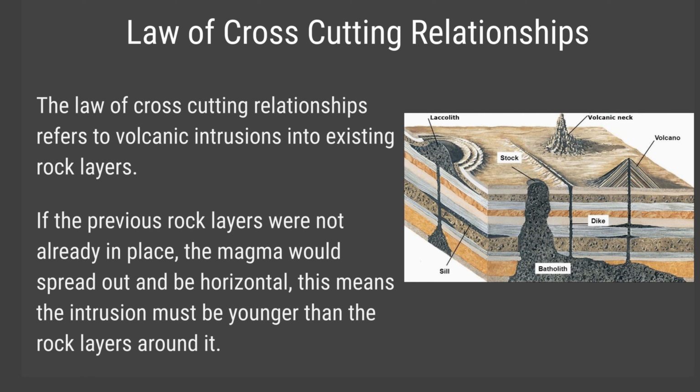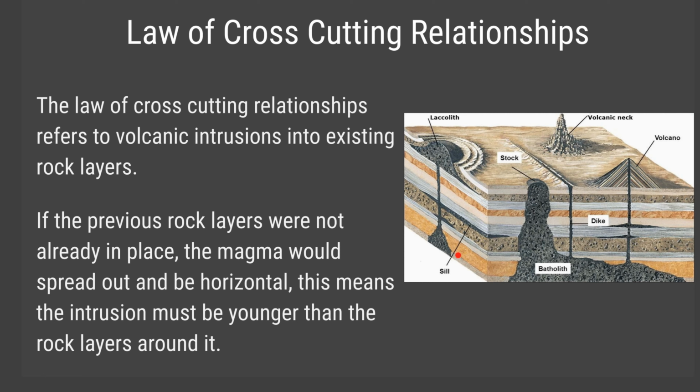So if we take a look at this laccolith coming up, we can see a volcanic intrusion that's being forced up through weak spots in the rock layers above until it finally reaches a layer where it can spread out more horizontally. But if these other layers were not already here, this volcanic layer would have spread out horizontally to begin with.